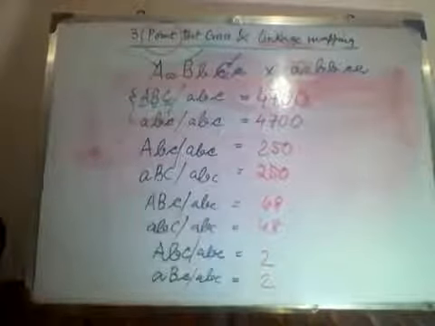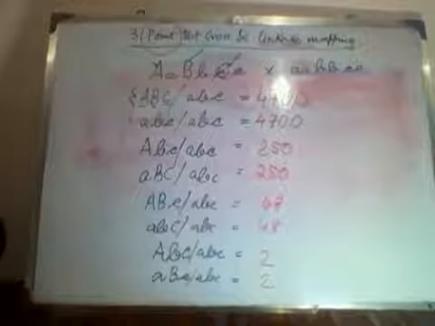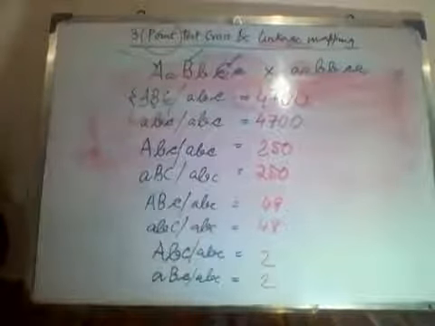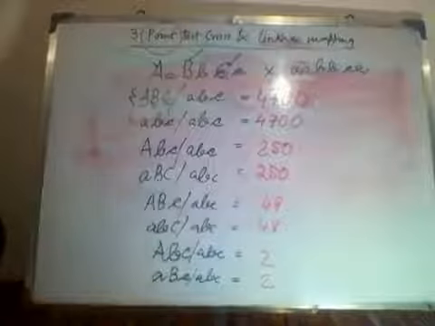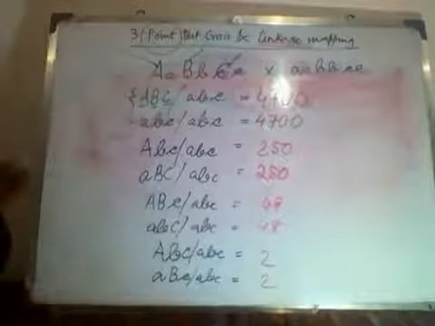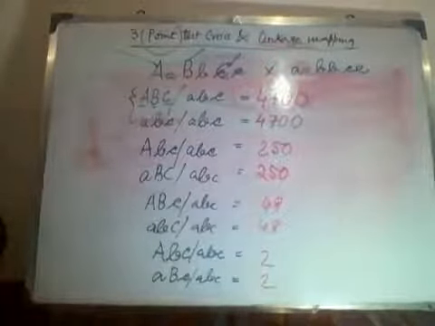Now, the first job that you are going to do to solve this problem is to identify the parental types and the double crossing over types. So take a thumb rule: any two genotypes, whether presented in this order or any other order, first identify the most frequent genotypes.